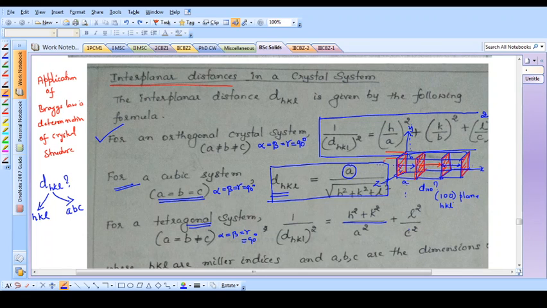Please remember this formula, very easy to remember also. So these three formulas tell us how to find the distance between two hkl planes in an orthogonal system, cubic system and tetragonal system. Similarly, you can derive formulas for other crystal systems, but they are very difficult to derive, not easy like these three systems.